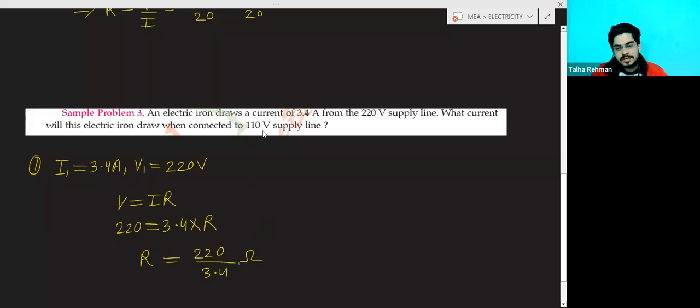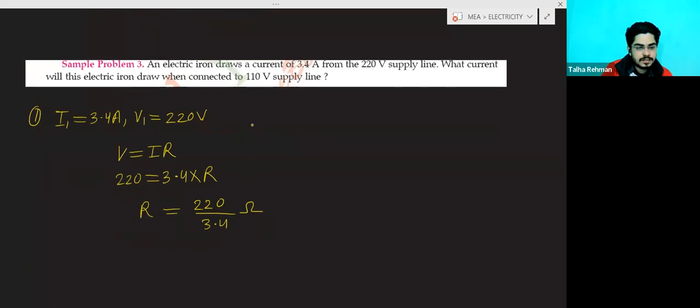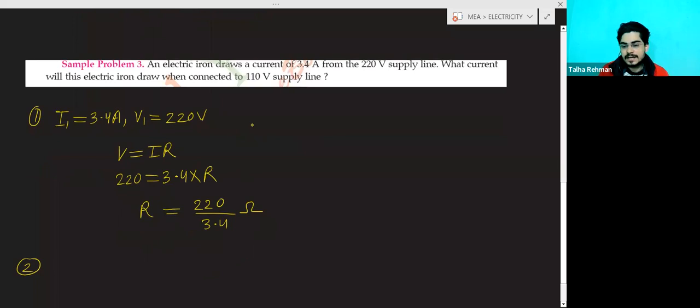Now see, in the second case the potential difference is 110 volt. What current will this electrical iron draw when connected to a 110 volt supply line?